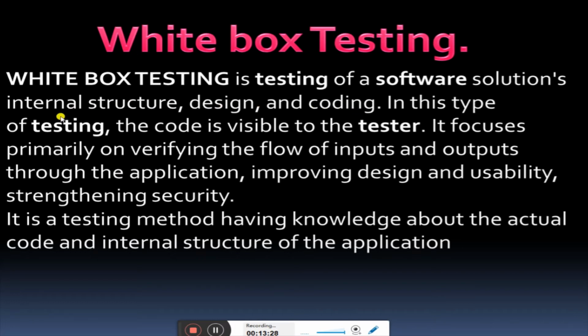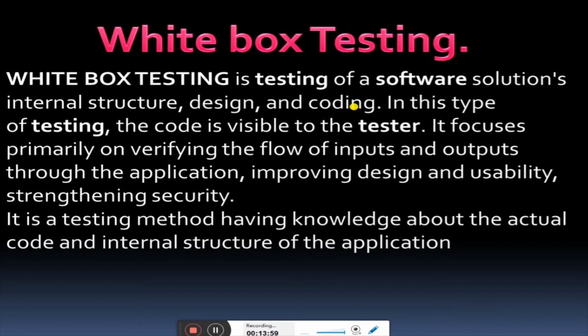If we observe, in black box testing there is no internal structure testing, no design testing and no coding testing. In black box testing only whether the output is coming or not is observed, and they don't care what input is coming, what functions are written there, which classes are used, or what type of class objects are used.